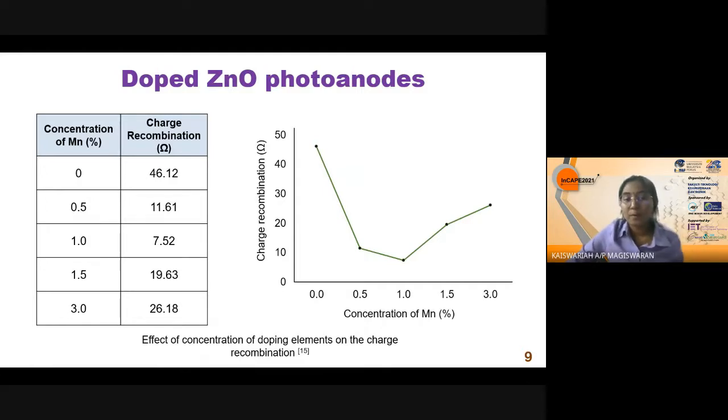The optimal amount of doping particle needs to be added to obtain optimal charge separation condition because a higher amount of nanoparticle could lead to aggregation and this might increase the charge recombination. Hence, the charge recombination reaches the lowest when the zinc oxide is doped with an optimum concentration of manganese.